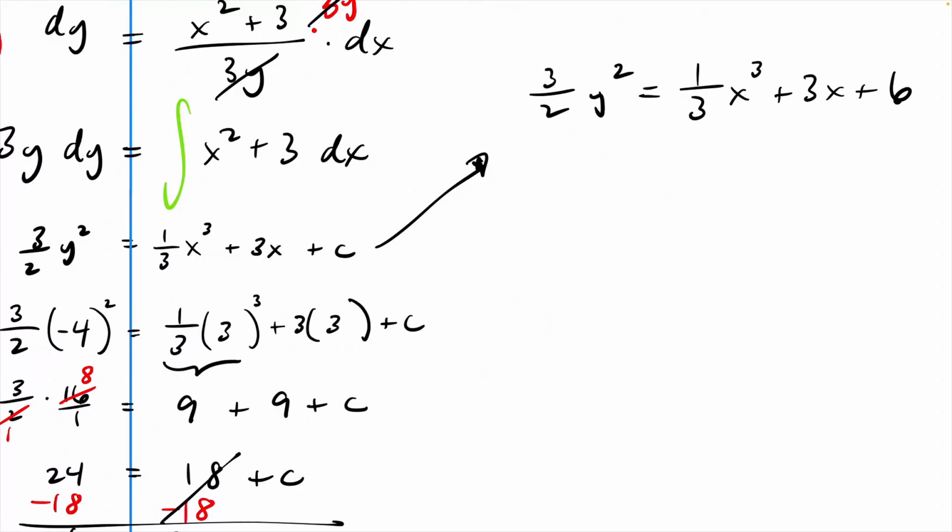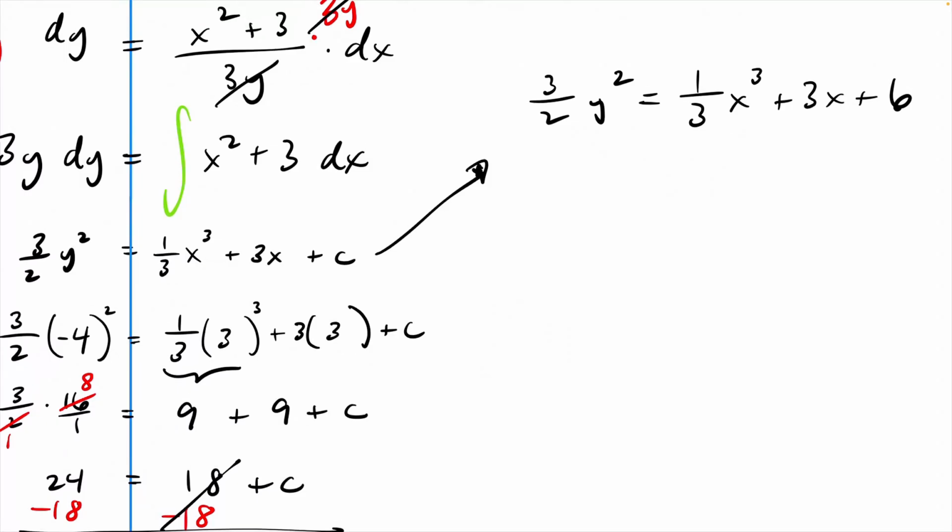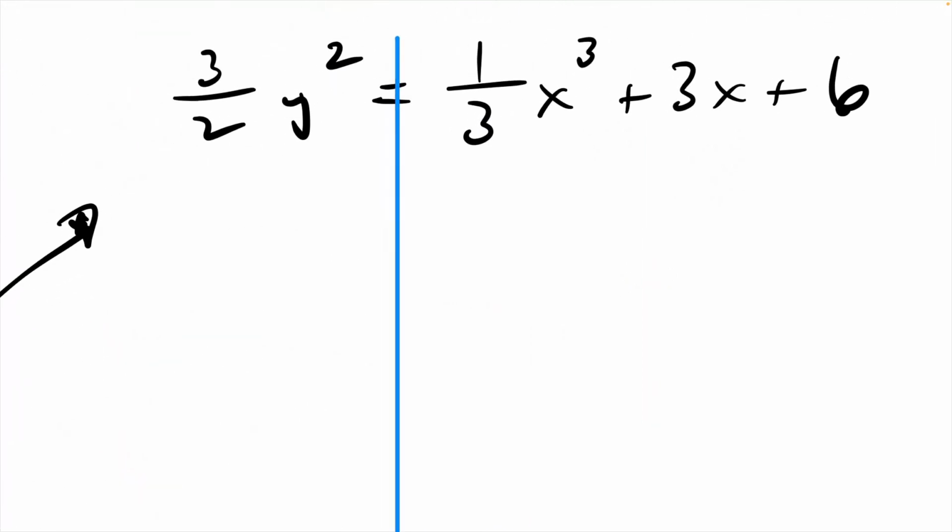Last step, what do I got to do now? What was the last step? The very last step. Step 4, I think it was, or 5. Solve for y. Y is not by itself. I got to solve for y. So how do I solve this for y?